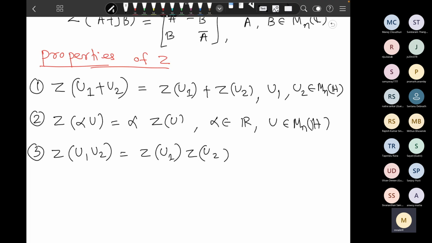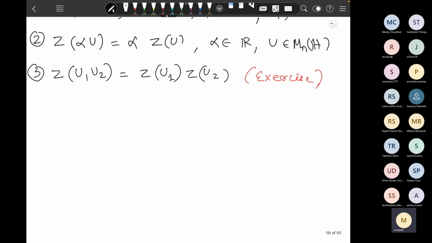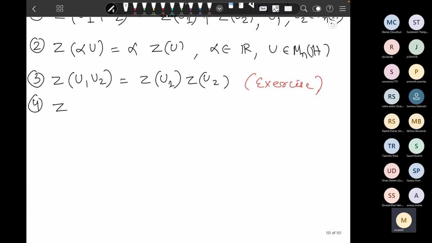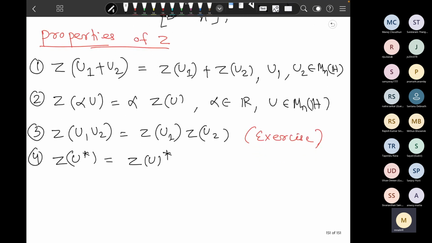Okay, so I leave it as an exercise. My suggestion is first you try to do it by inspection, then you do it by calculation. Actually, it will increase some familiarity with MNH. So, exercise. The fourth thing is Z of U star. This property is also important.